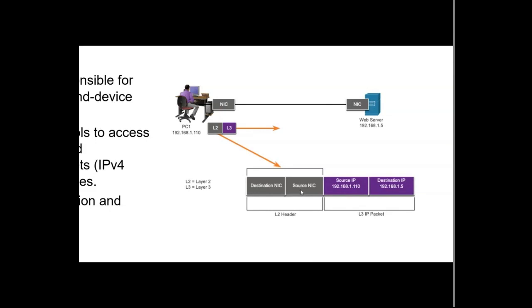Pretty normal stuff, right? But when we put it in the mailbox, the mailman is going to put the letter into his mail bag. So by putting it in a mail bag, they're actually encapsulating it inside of a layer 2 frame.